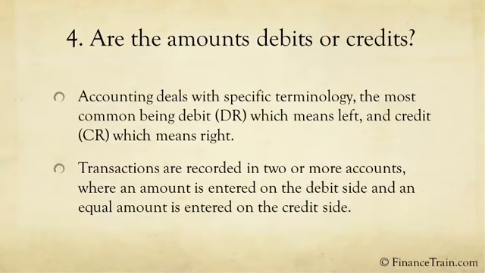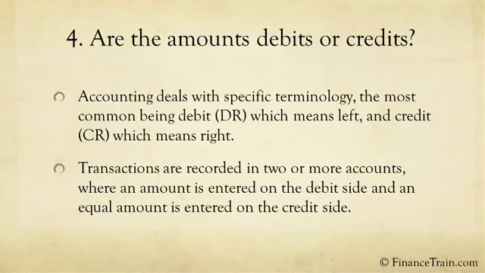By now we know which accounts are affected by a transaction and whether the accounts are increasing or decreasing. We need to convert this knowledge in the language of accounting. Accounting deals with specific terminology, the most common being debit, which means left, and credit, which means right. For example, debit the amount of rent means that the amount for rent is recorded on the left side.